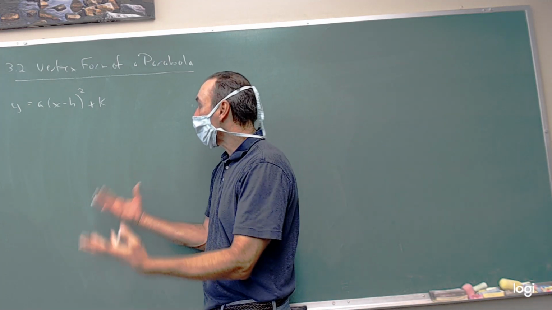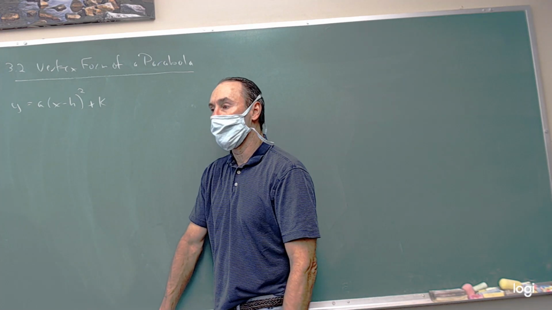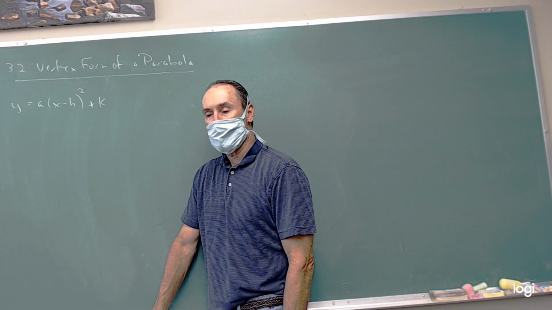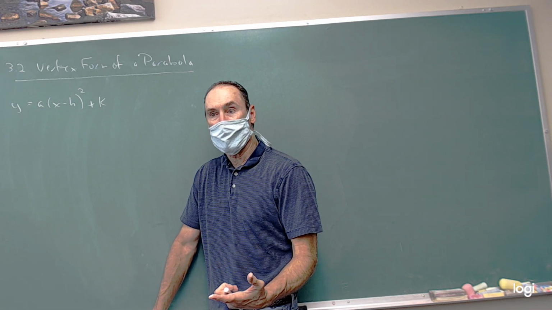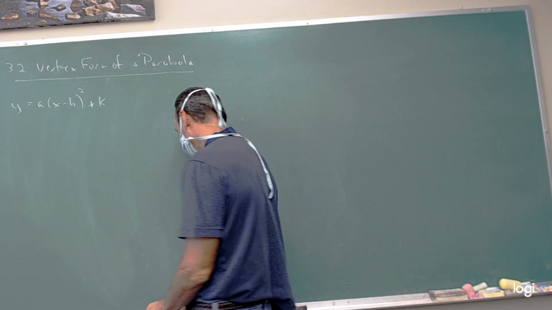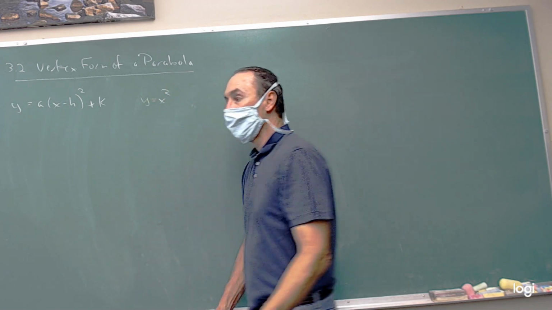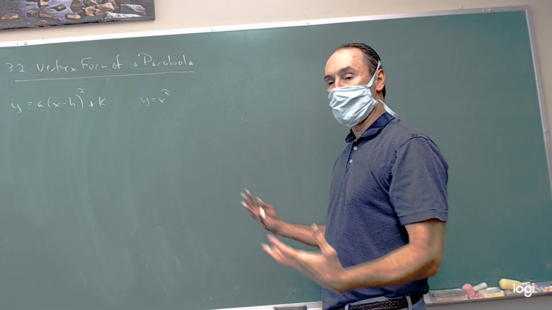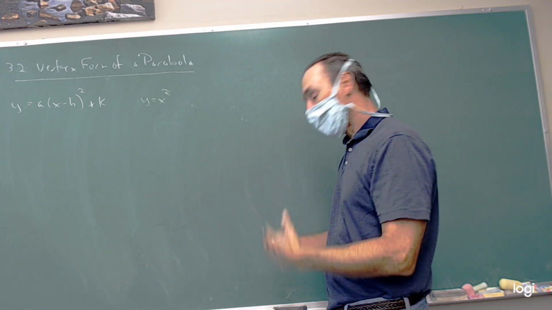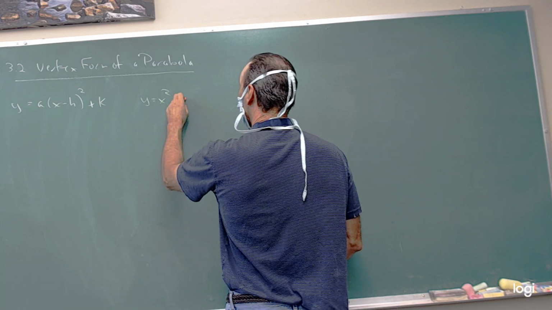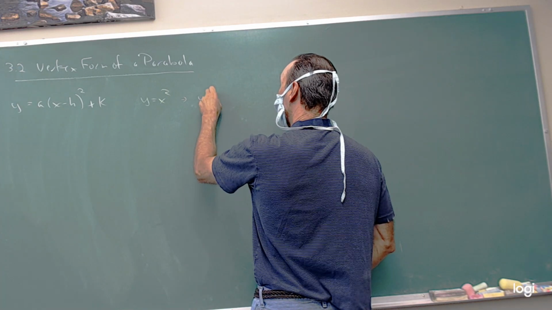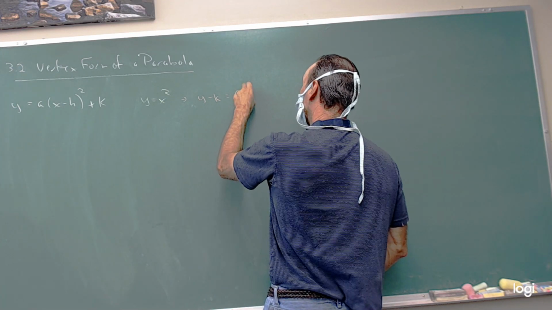And so this is exactly what we have talked about in terms of our translation stuff with any function. Our parent function here is the squared function, x squared. And we know that if we translate that over h and up k, then that is going to be y minus k equals x minus h squared.